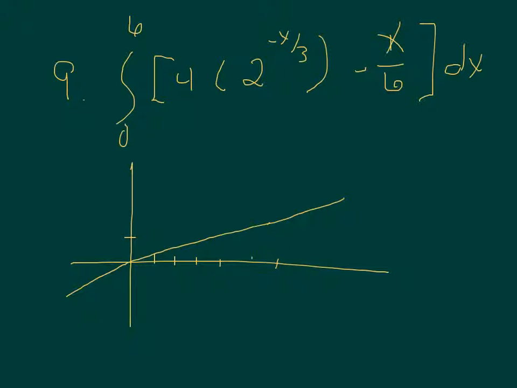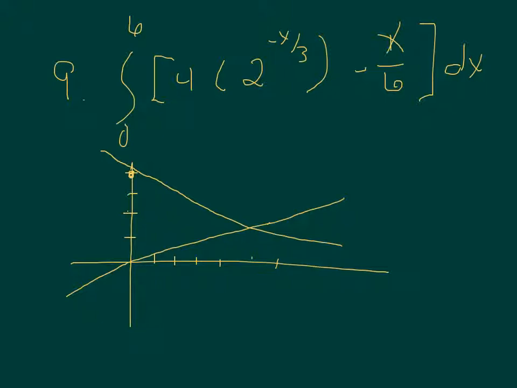It's going to be down, and if x is 0, it's 4. So it's going to be something like this. Yes, it's curved.